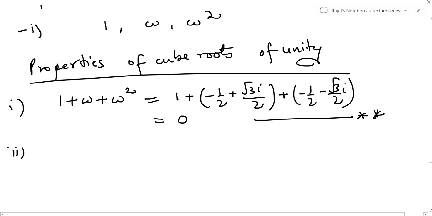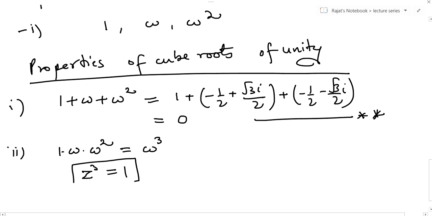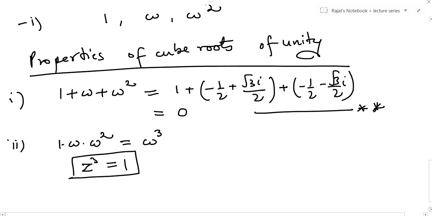Let us go into the second property. If I multiply the 3 roots, I will essentially get omega cube. Now what will be the value of omega cube? If you remember the main equation, z cube is equal to 1. And since omega is a root of this equation, omega will satisfy this equation.